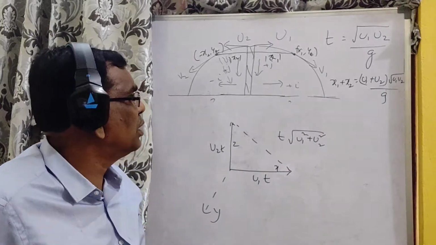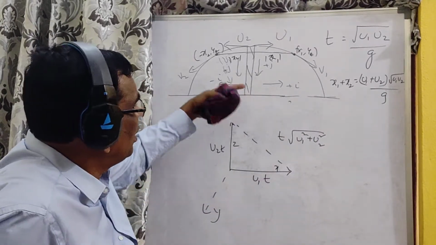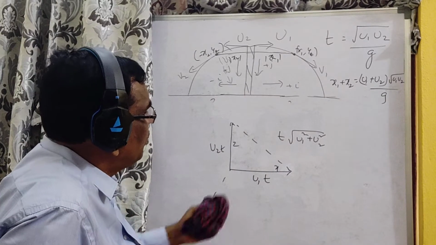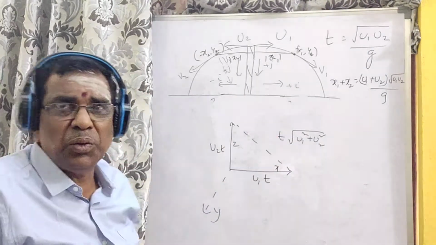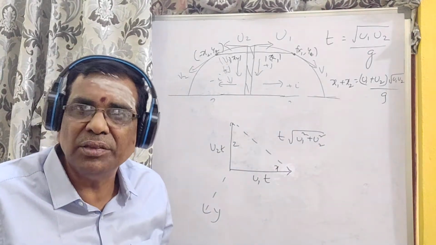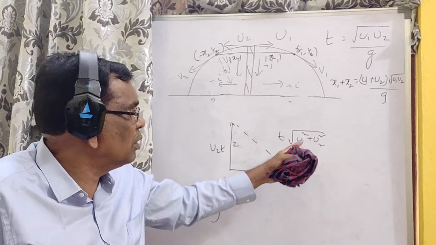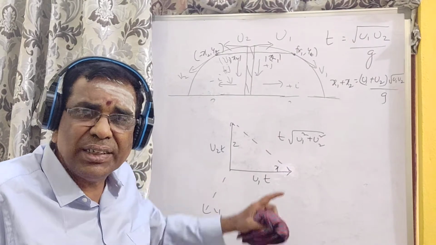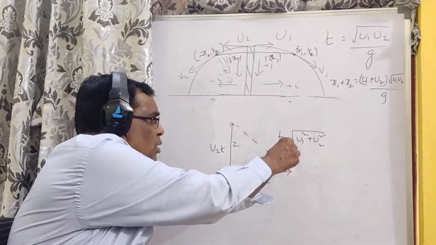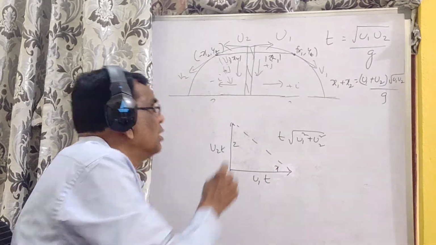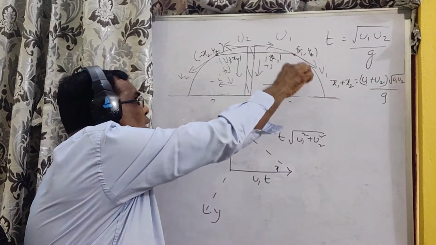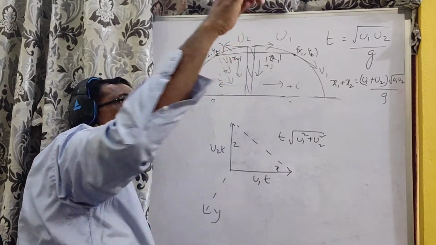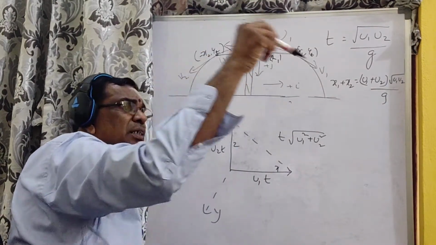You have got this, whereas in the other case it will be u1 plus u2 into t. If it is 90 degrees, did you understand what I have said? Now, one I am projecting into the board, so this has come down like this.